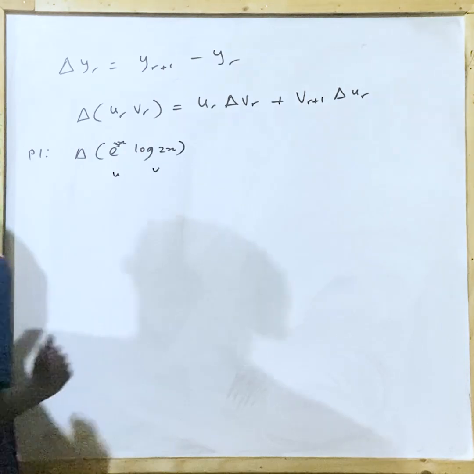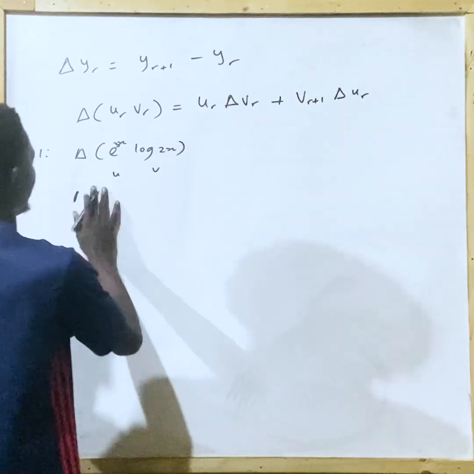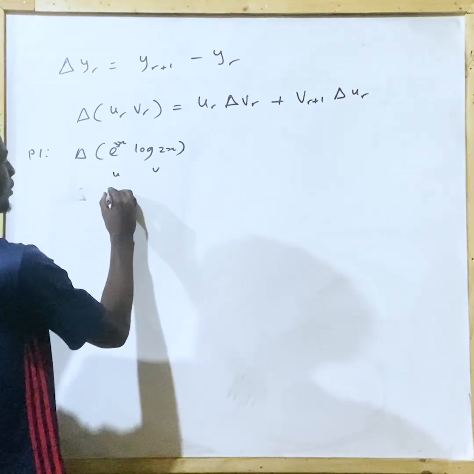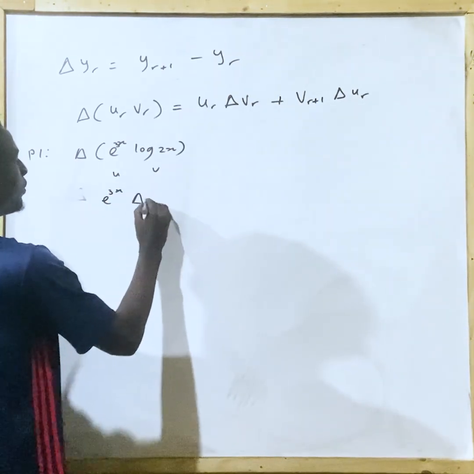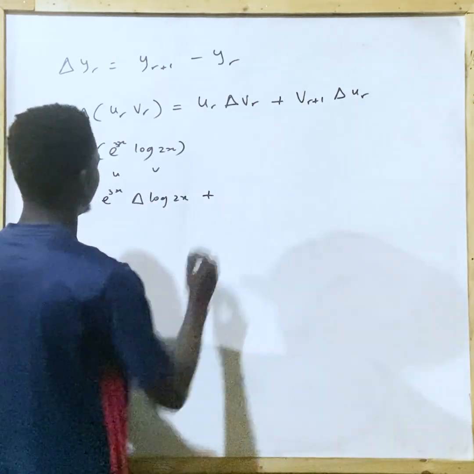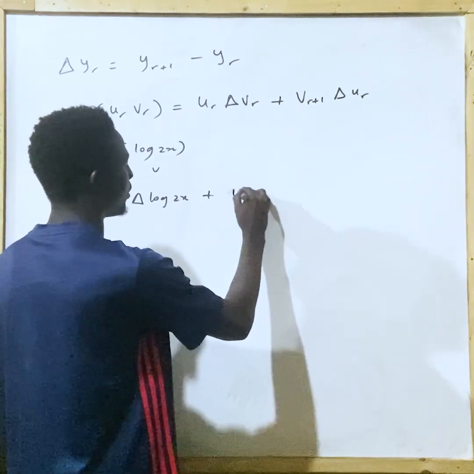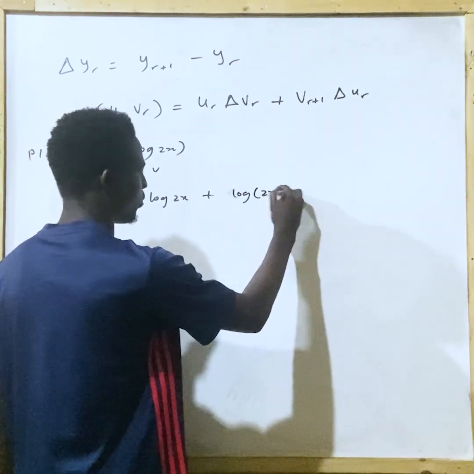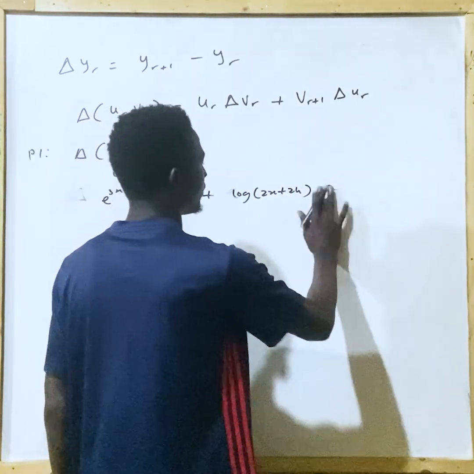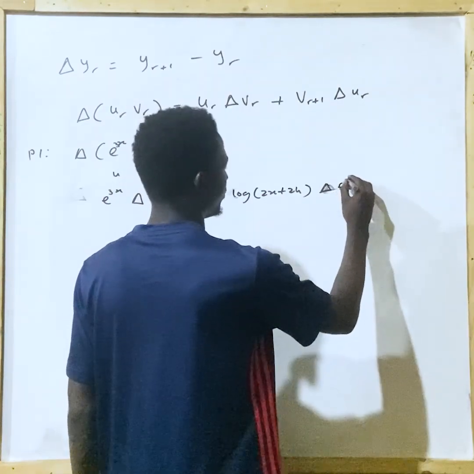Following this property, we'd have e raised power 3x forward difference log 2x, plus log in bracket 2x plus 2h forward difference of e raised power 3x.